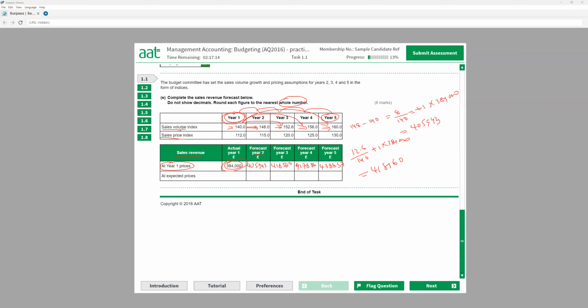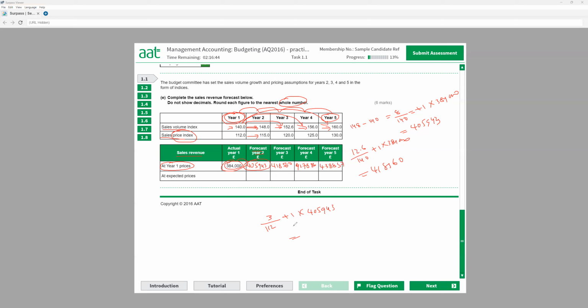The next one is the expected price increase, the price index. You can see it goes from 112 to 115, so it's increased by 3. So 3 divided by 112, and again plus 1, and multiply by the year 2 forecast, which is 405,943.